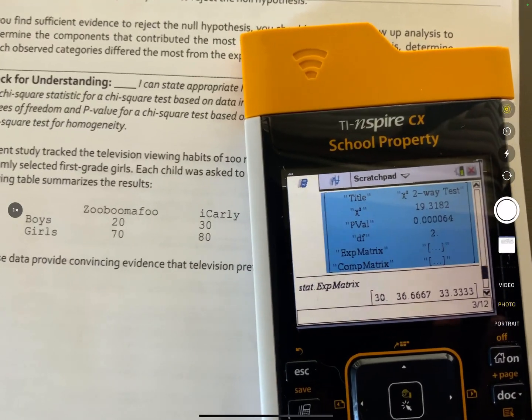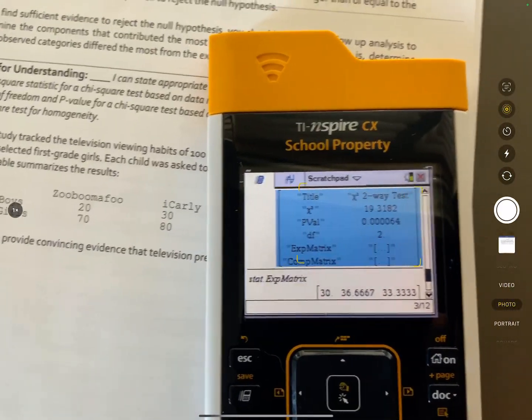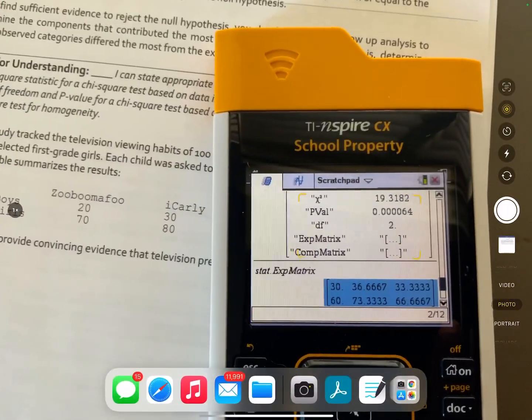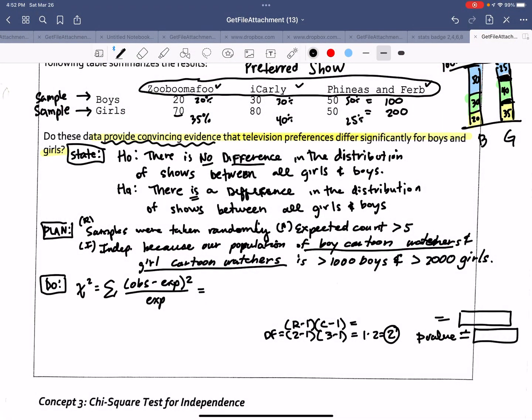Okay, so let's go back to our work here. I think we've got all the numbers we need to be dangerous back on our sheet. So let's switch back to our notes here. All right, our chi-squared value was 19.3, and our p-value was really small.